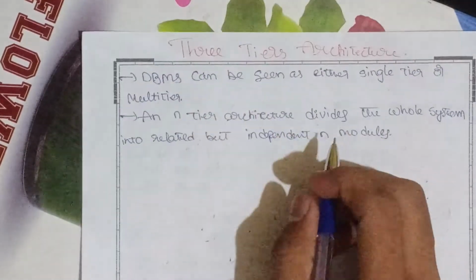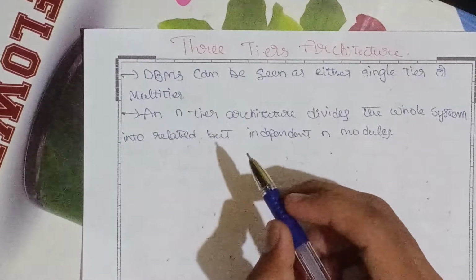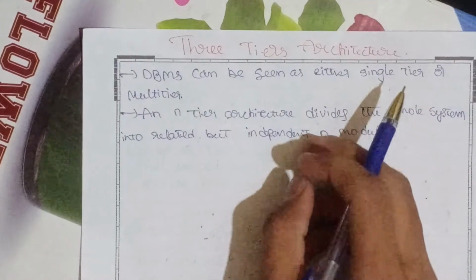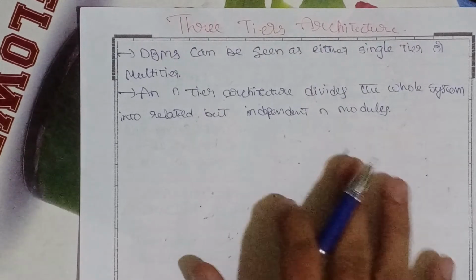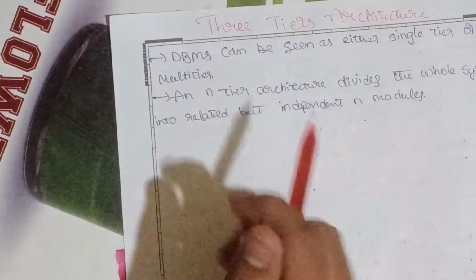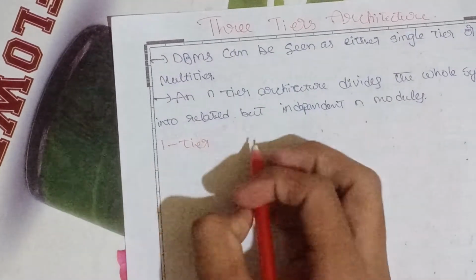So let us see what tier architecture is. How does the database management system divide into tiers? Let us see the first tier architecture.